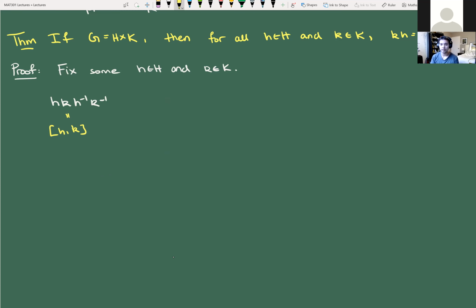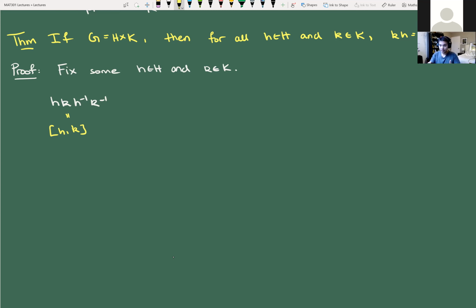We will have gotten that h and k must commute. It's this typical thing in mathematics where if you're trying to prove something about an equal sign, sometimes it's much easier to move everything onto one side of the equation, and then prove that that thing is equal to 0 or the identity or whatever the case might be. So in this case, if I want to prove that kh equals hk, let's put everything on one side of the equation and prove that that thing has to be the identity.